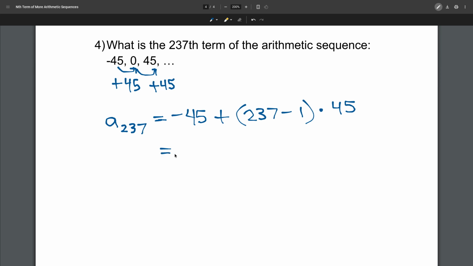So it's going to be negative 45 plus 236 times 45. Okay, so it's going to be negative 45 plus, we're going to do 236 times 45. So it's going to be 10,620.